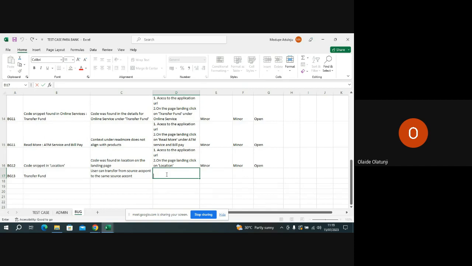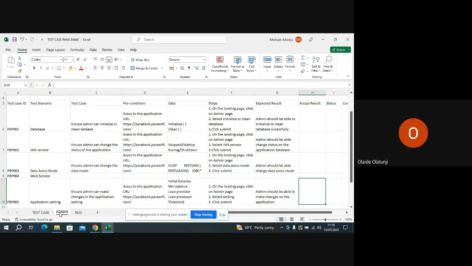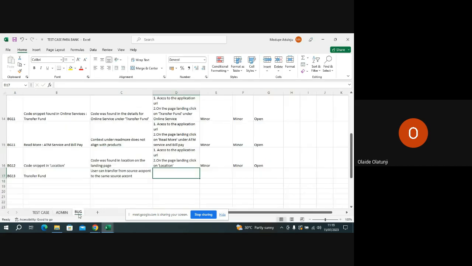Then admin, Parabank admin test case, total test case, number that passed, number that failed. Then you now do bugs. You now give us the total number of bugs found. Okay. Do you understand? Yes.